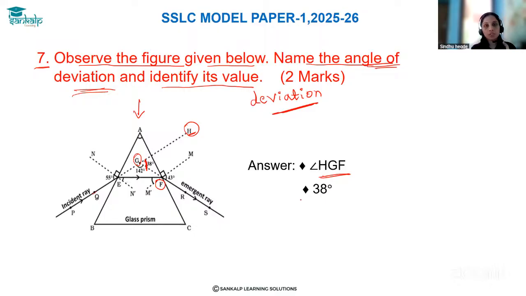Once you find the deviation angle, it is very easy to write the value because all the values are already mentioned in this diagram. This indicates 38 degrees. So the value of deviation here is 38 degrees. Thank you.